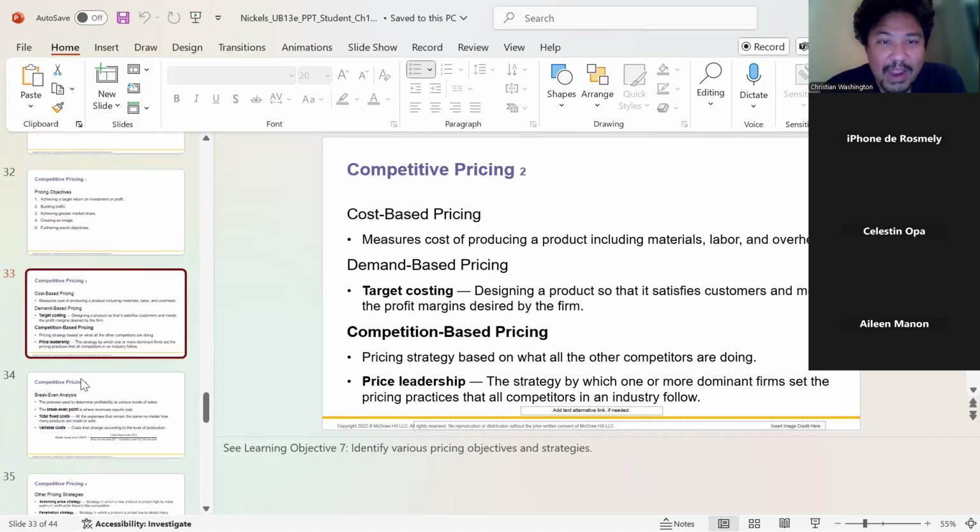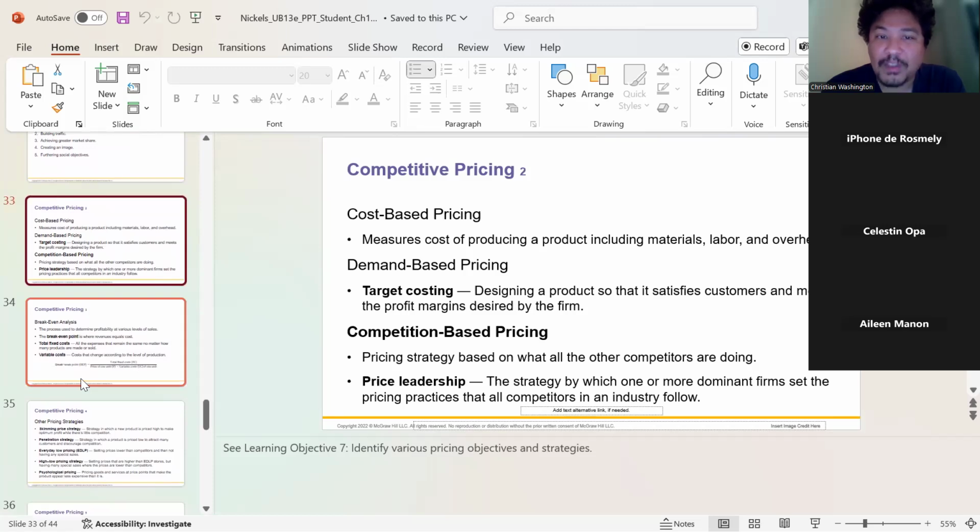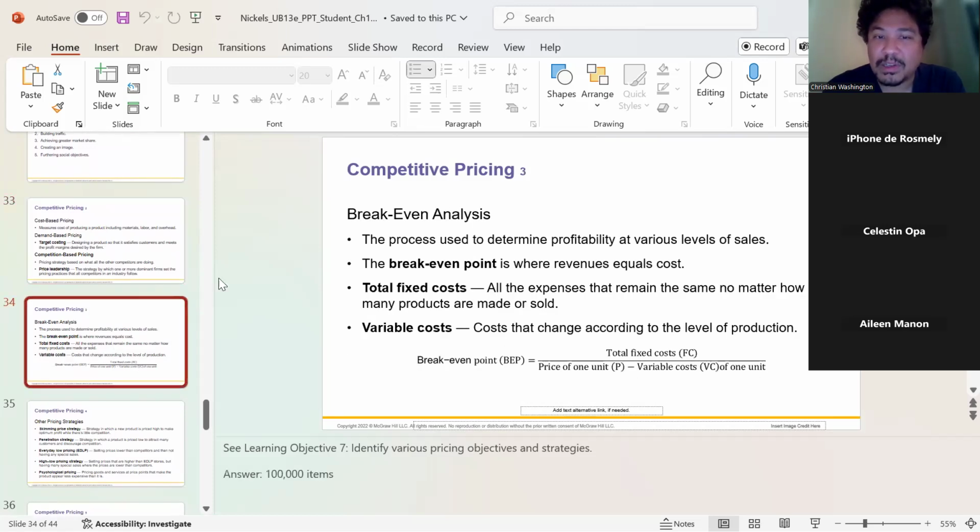So, competitive pricing: there are different types of pricing, cost-based pricing, demand-based pricing. You do want to know these definitions. The break even is where you've covered enough of the expenses. So you're selling burgers, right? There's a cost for your bun, your meat, your cheese, your condiments, the chef, the utilities, the overhead, the lights.